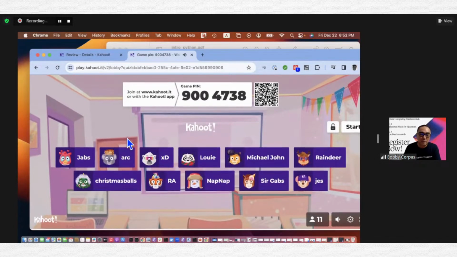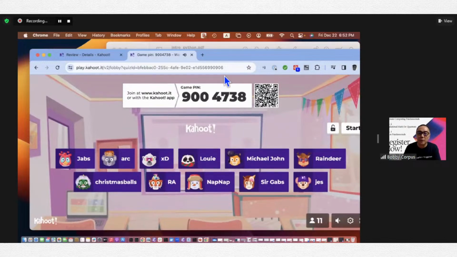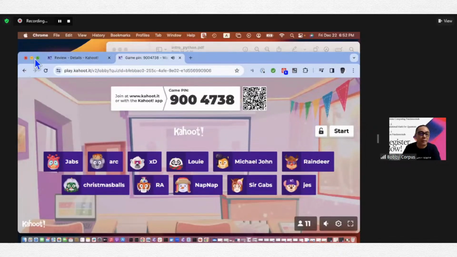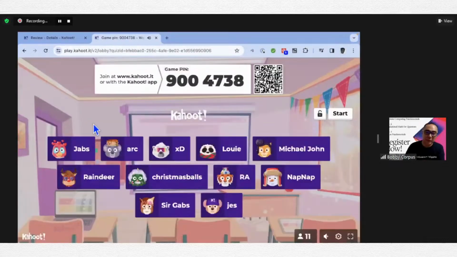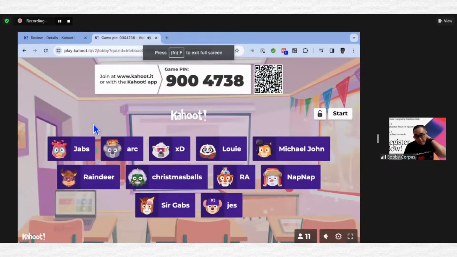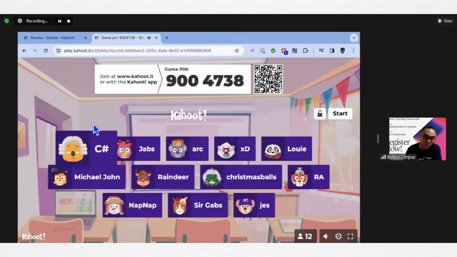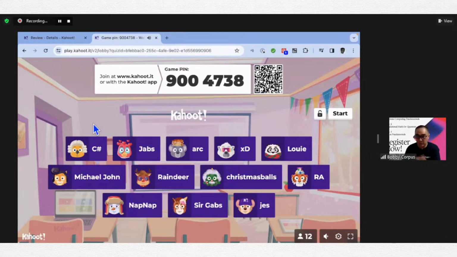Okay, so not sure if everyone's participating, but we can start na because it's almost 7 na. Okay, so let me start. So by the way, guys, if you are mabilis ka sa pagsagot, you'll get more, and if yung sagot mo is tama, you'll get more points kesa doon sa nakasagot ng tama pero medyo mabagal.